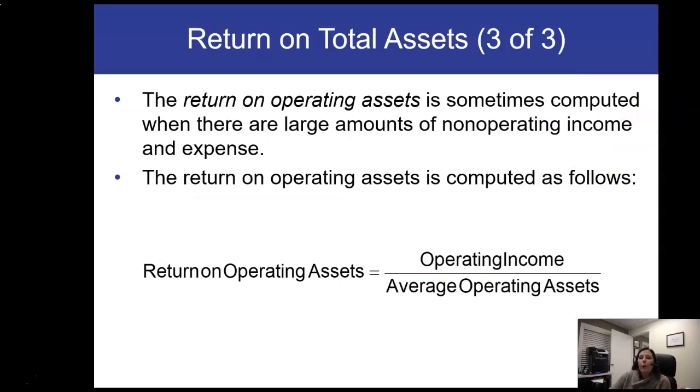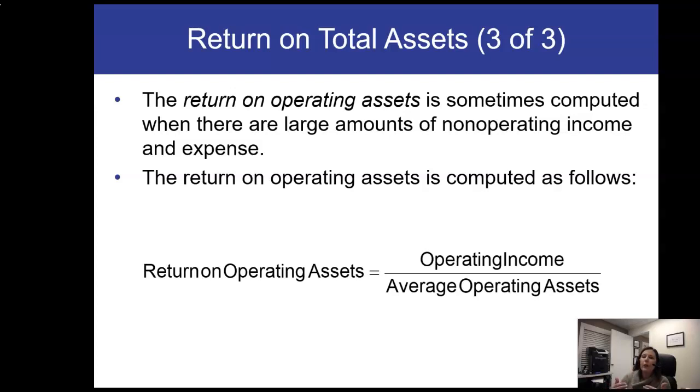Now, we could have a company that derives a significant portion of its income from non-operating sources. Maybe it also owns a lot of real estate that it doesn't happen to be using, so it's renting some of that unused space out, but that isn't really part of its main operations.